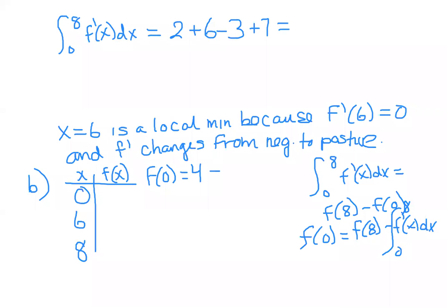When you add those together, you get 12. So f of 0 is 4 minus 12, which is negative 8. Then f of 8, we already know, is 4. They gave us that.